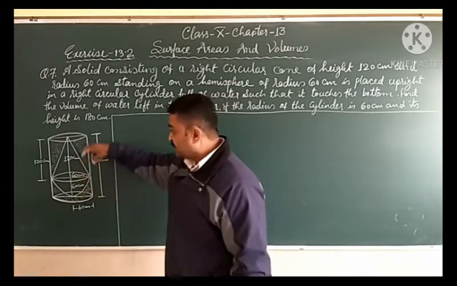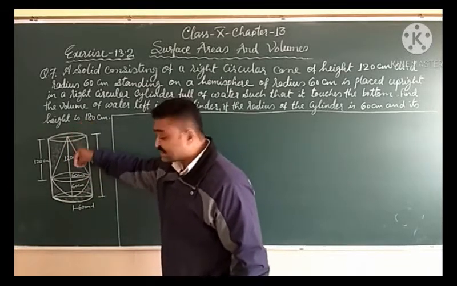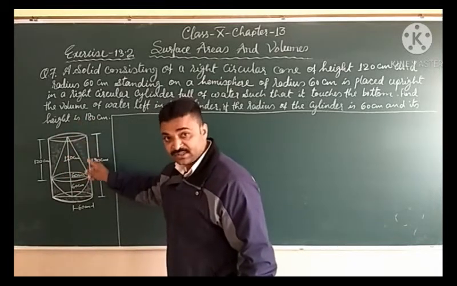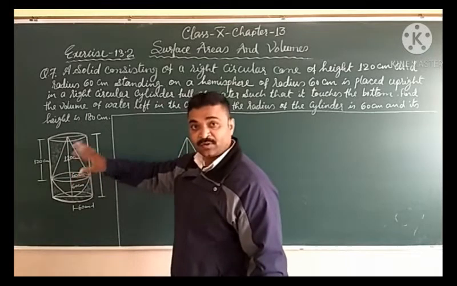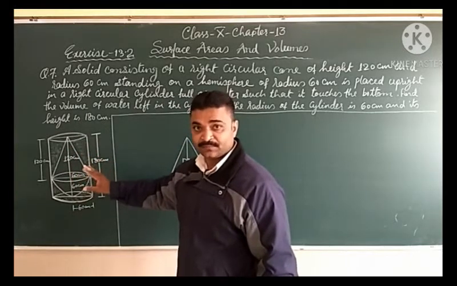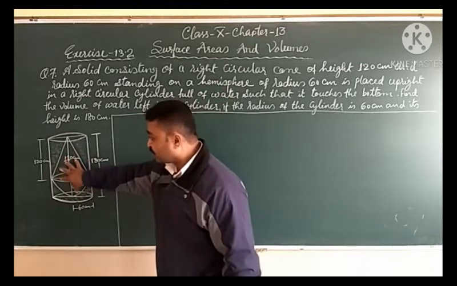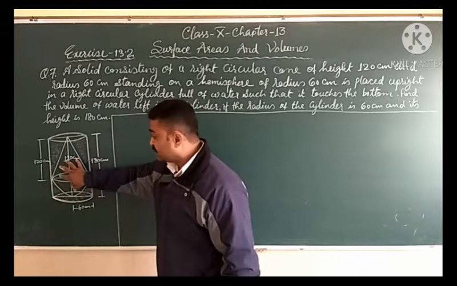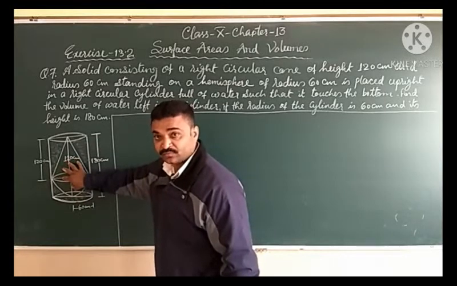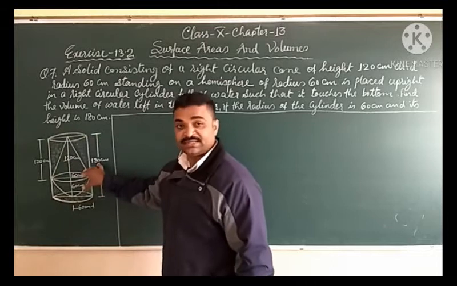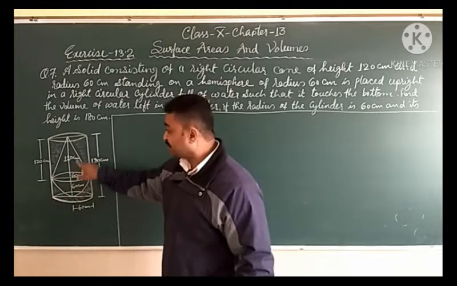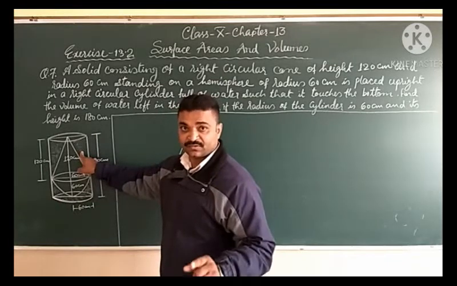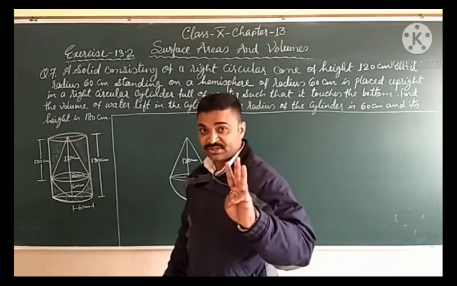That means when we insert this solid into the right circular cylinder, some water will come out, and if we subtract the volume occupied by the solid from the volume of the cylinder, we will find the remaining quantity of water inside the cylinder.